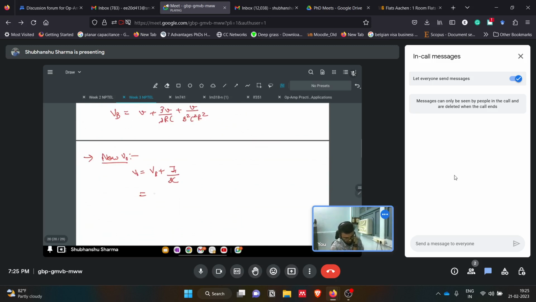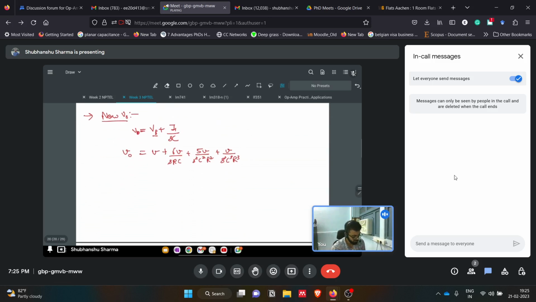After substituting VB and I1 from the previous equations, we will get V plus 6V by SRC plus 5V by S square C square R square plus V upon S cube C cube R cube. This is V naught. So we got V naught as this.